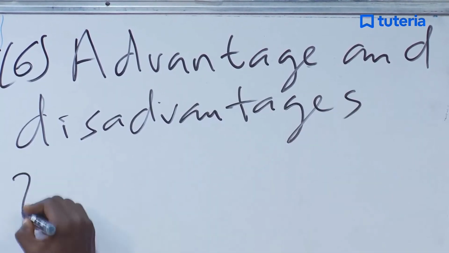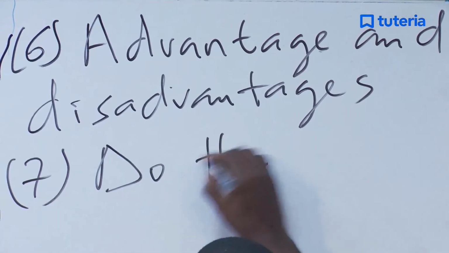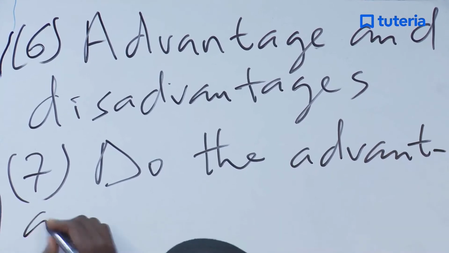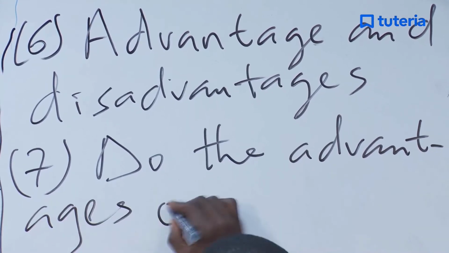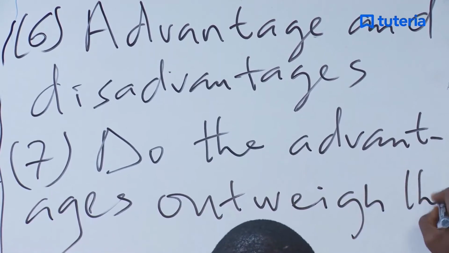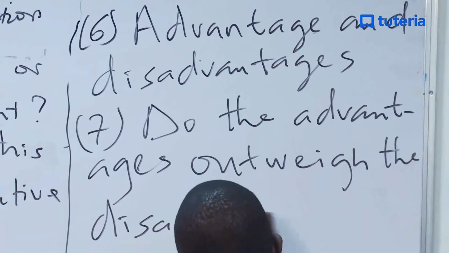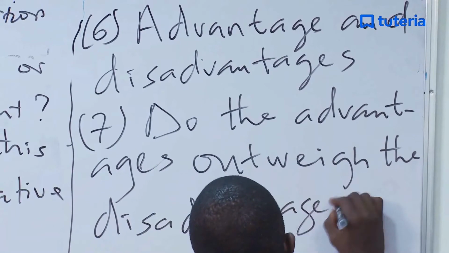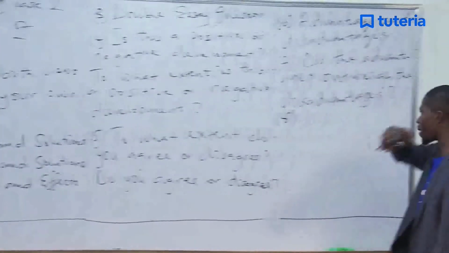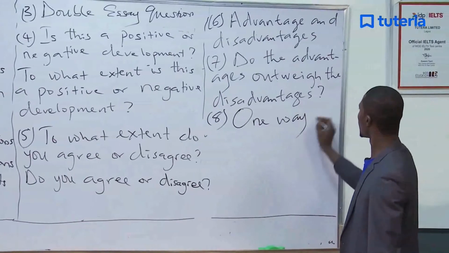You have 7: do the advantages outweigh the disadvantages? Number 8, we call it one-way essay.